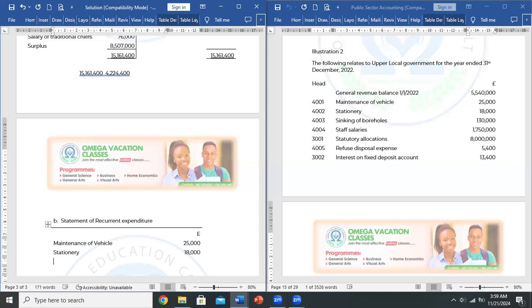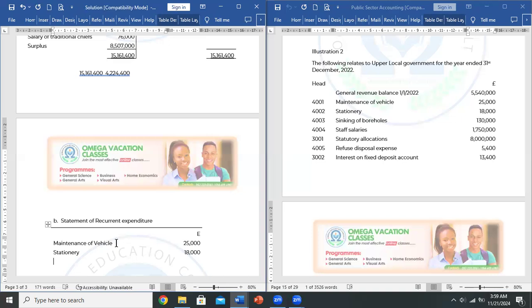Then it is a capital expenditure, not recurrent, because you cannot be sinking boreholes every month or every year. It's once when you do it. If you sink a borehole here in Cape Coast, it is going to last for a longer period. So that is a capital expenditure.